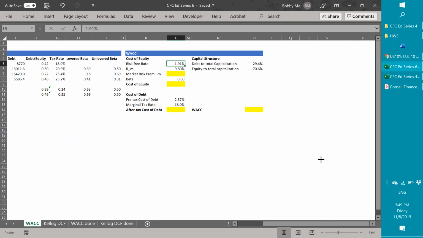But as of the time when I did this, it's 1.91. What this means is that the yield to maturity is 1.91%. So basically, I believe it will return 1.91% annually if you buy a government bond, which is why it's risk-free, and that's our proxy for the risk-free rate.